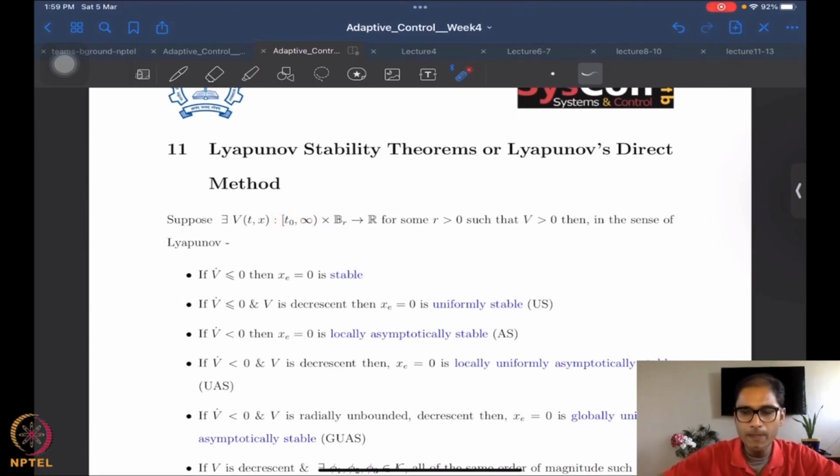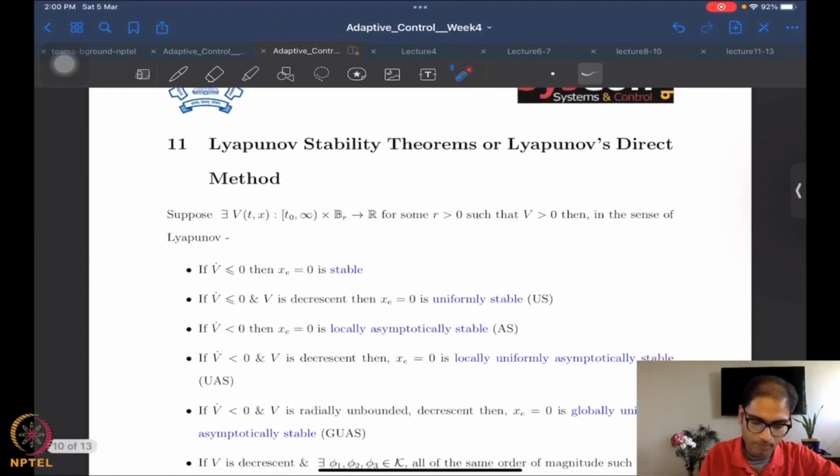It doesn't really bother us what happens before t0. In most cases the function itself will be nice enough before t0, but since our dynamical system is going to be initialized at a particular t0, we take the time domain as [t0, infinity). This is good enough for us. The states, of course, are restricted to some ball around the origin.